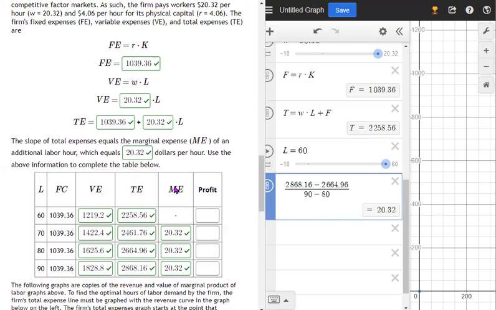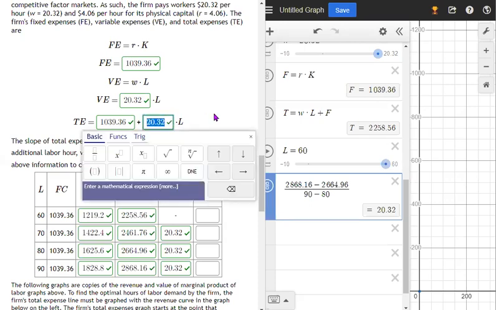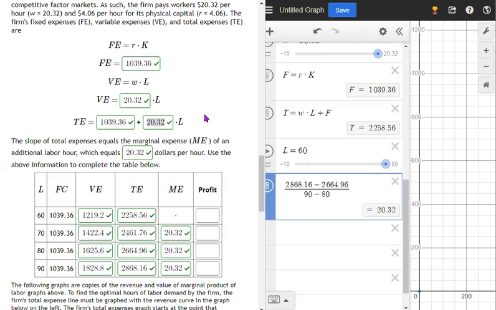The reason is that if I differentiate the total expense equation with respect to L, this number is gone. This is a constant. What we're left with is 20.32, because the derivative of L with respect to L is L raised to the 0 power. The derivative of a line is the slope of the line.